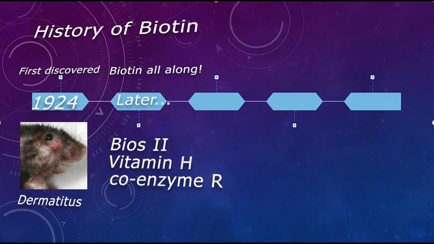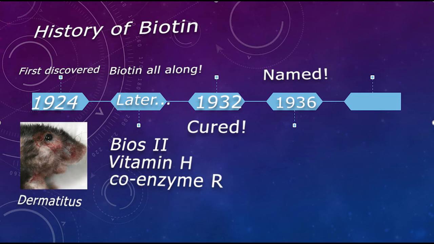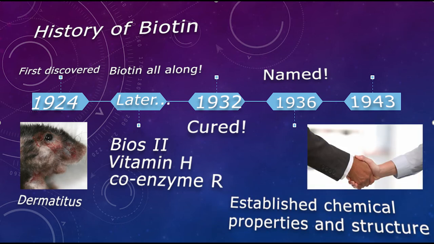Having known this, later in 1932, Kogl and Tonnis isolated this factor from the egg yolk and fed the rats only this in supplements, and they soon found out that they were cured of their dermatitis and loss of hair. In 1936, it was then named biotin, and then finally in 1943, US and European investigators established the chemical properties and structure.